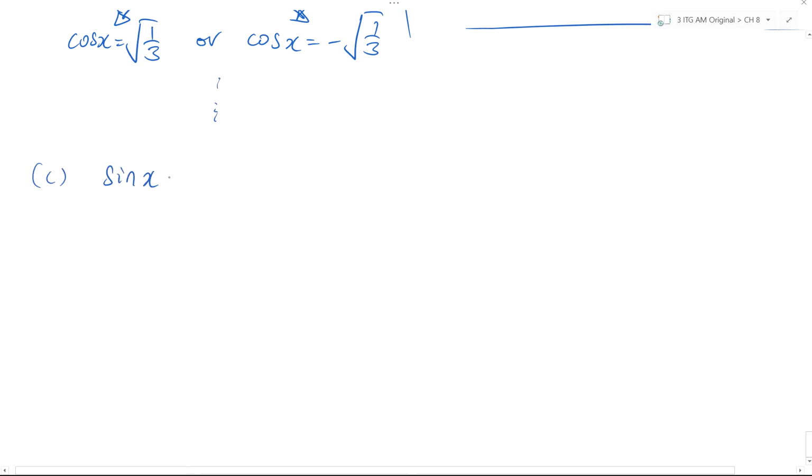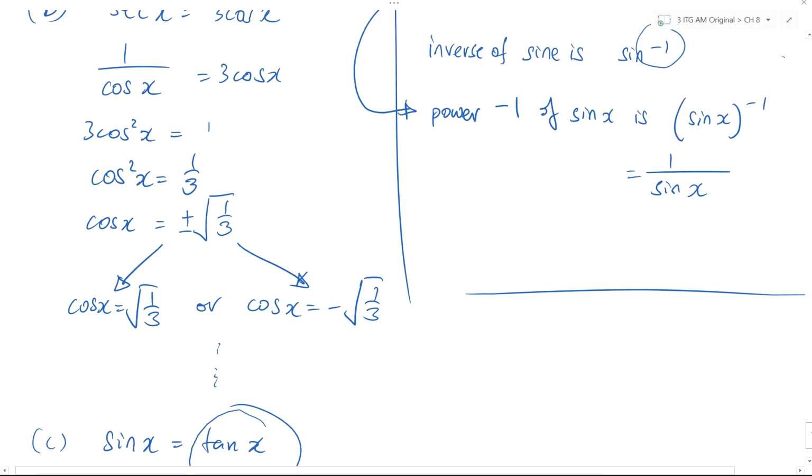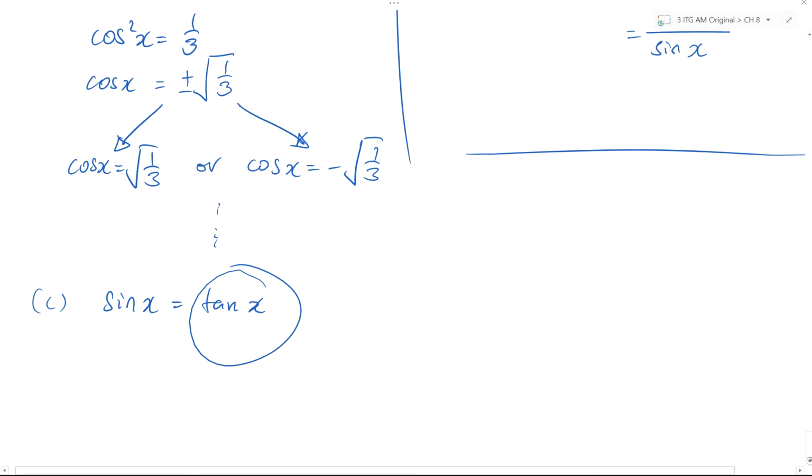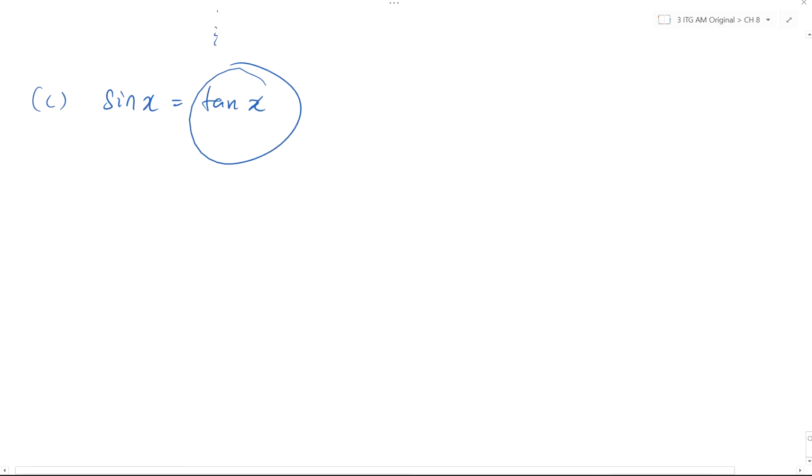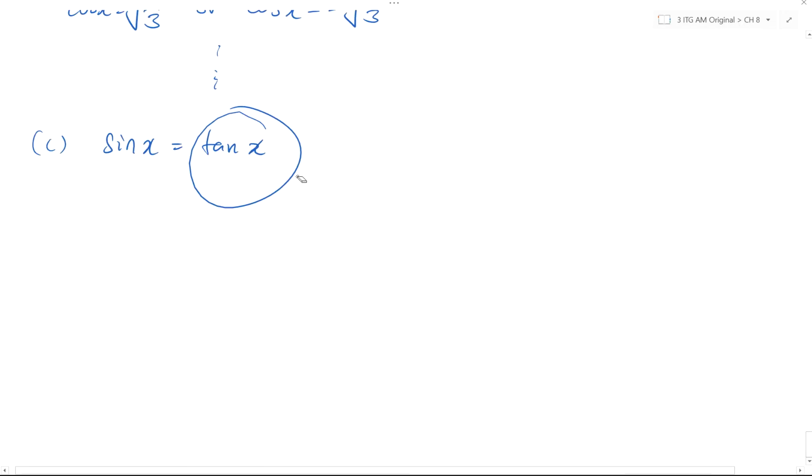Part C now. Sine x equals to tangent x. What can we do with our tangent x? Tangent x is sine over cosine. So this is equal to sine x over cosine x. Right, what can we do from here?